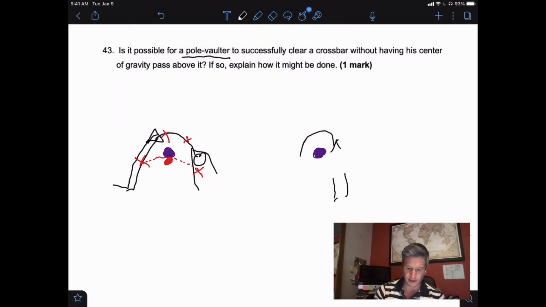So hips are relatively at the same height in both systems that we're looking at. Head is relatively the same. But because they can drape closer to the bar this way as they go over, what ends up happening in pole vaulting is you still have a lot of mass here, but you get a center of mass that's typically even lower than a high jump over top of the bar.